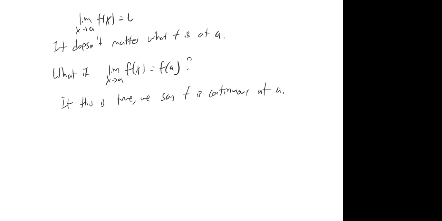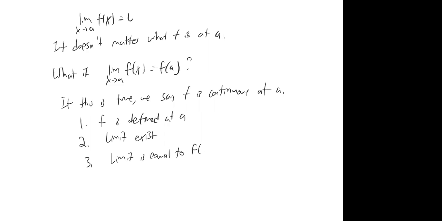So this means a few things, right? There are three things I'm assuming. I'm assuming f is defined at a. First off, if you're not defined at a, you can't be continuous. Two, I'm saying the limit exists, right? And three, this is the important part, the limit is equal to f of a, right?